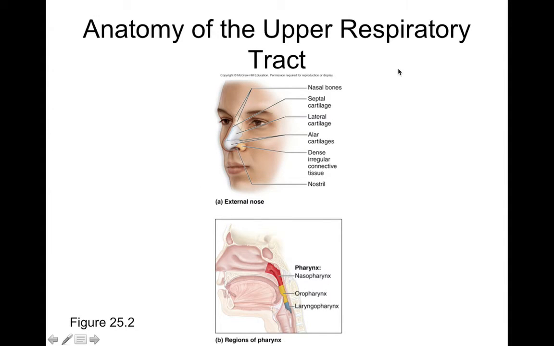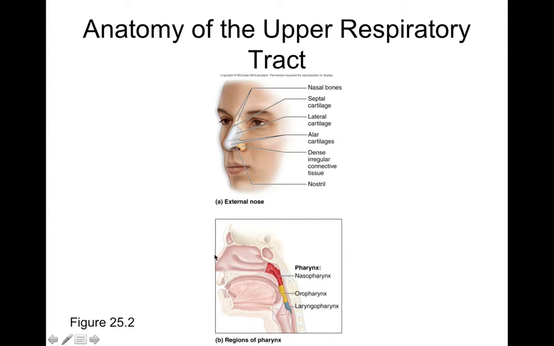Now, we'll first talk about the anatomy of the upper respiratory tract, and we'll start with some external anatomy. Earlier in lab, we talked about how a lot of your nose is actually made of nasal cartilage, which is hyaline cartilage. There are also nasal bones that support the structure of your nose, and the function of the nose is to help draw air into or out of the nasal cavity.